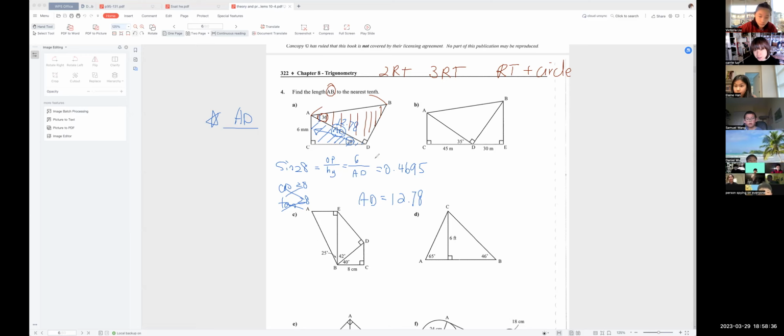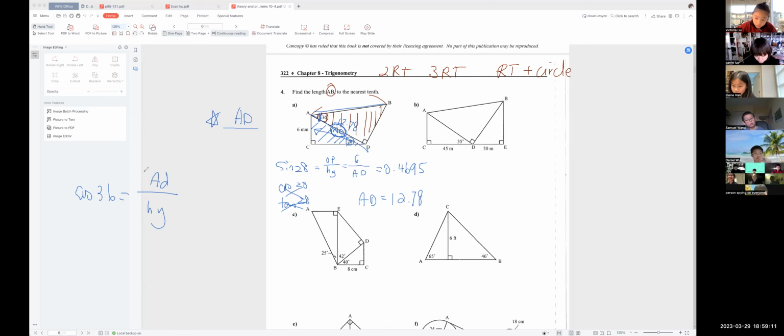So I want to ask you, AD for triangle ABD, for this 36, is this adjacent or opposite or hypotenuse? For this red triangle, AD is adjacent. Very good. So adjacent divided by hypotenuse equals cosine 36. Correct, Samuel? Okay, we move it to here. So this side divided by this side equals cosine 36, right?